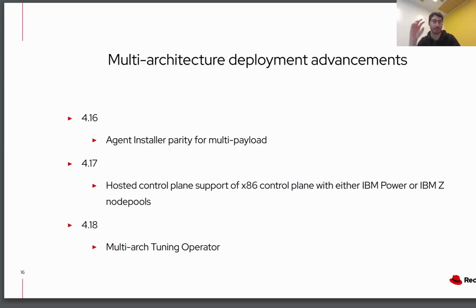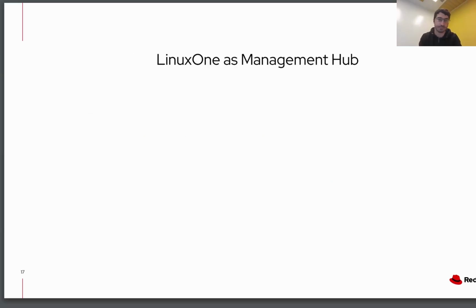So basically it's an OpenShift operator that helps you to tweak all the options in the various platforms to ensure the maximum performance. So as you can see, there is a lot of investment into this kind of multi-architecture approach, and this is going to be very important if you want to have those situations where you can easily move applications from one architecture to the other.